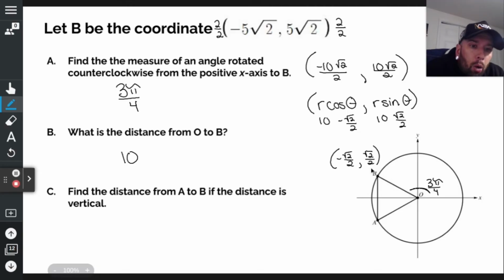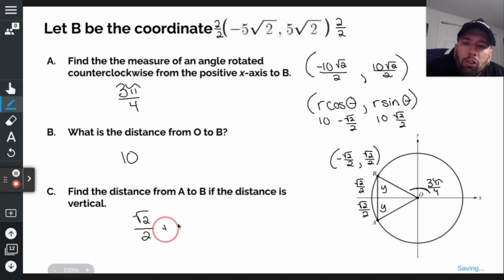If this distance is a y value, then this is root 2 over 2, and if this is the same exact value as that, then that is also root 2 over 2. And so I have root 2 over 2 plus root 2 over 2, which is root 2 times 2 over 2, which is root 2. Did you catch that?